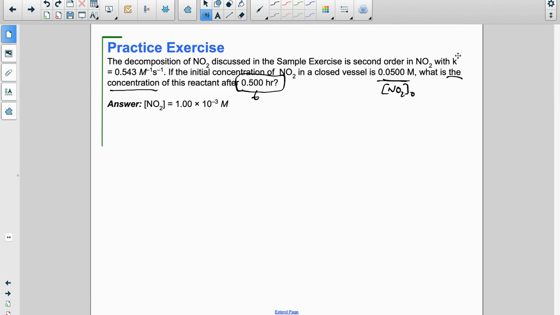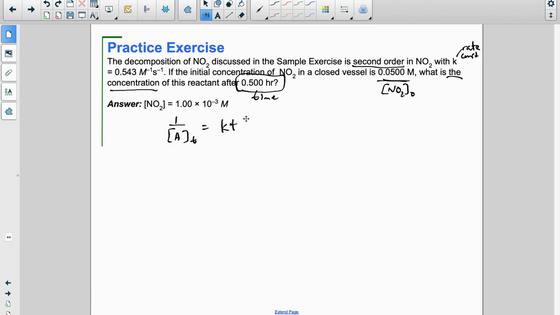They also give us the rate constant. I've got time, that's a big clue. Whenever you see time, initial concentrations, and the concentration at this time, you're going to think integrated rate law. Since this is a second order reaction, we're going to use the second order integrated rate law. So let me write it out here.